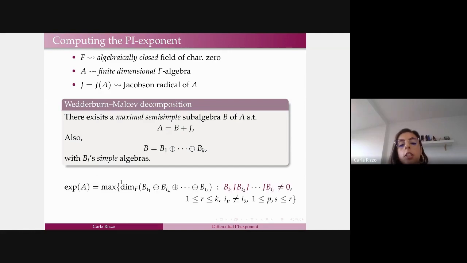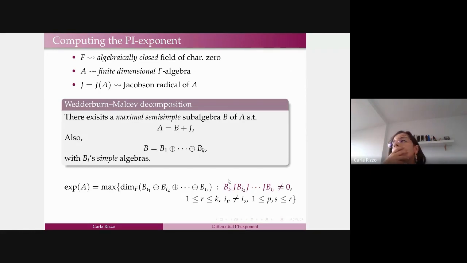Then Giambruno and Zaicev proved that the exponent is the maximal dimension of a subalgebra of A of the form B_{i1} + ... + B_{ir}, where B_{i1}, ..., B_{ir} are distinct simple components of B, such that they satisfy this rule: this product is not zero. So we have an element of a simple component, an element of the radical, and so on, and it's not zero.